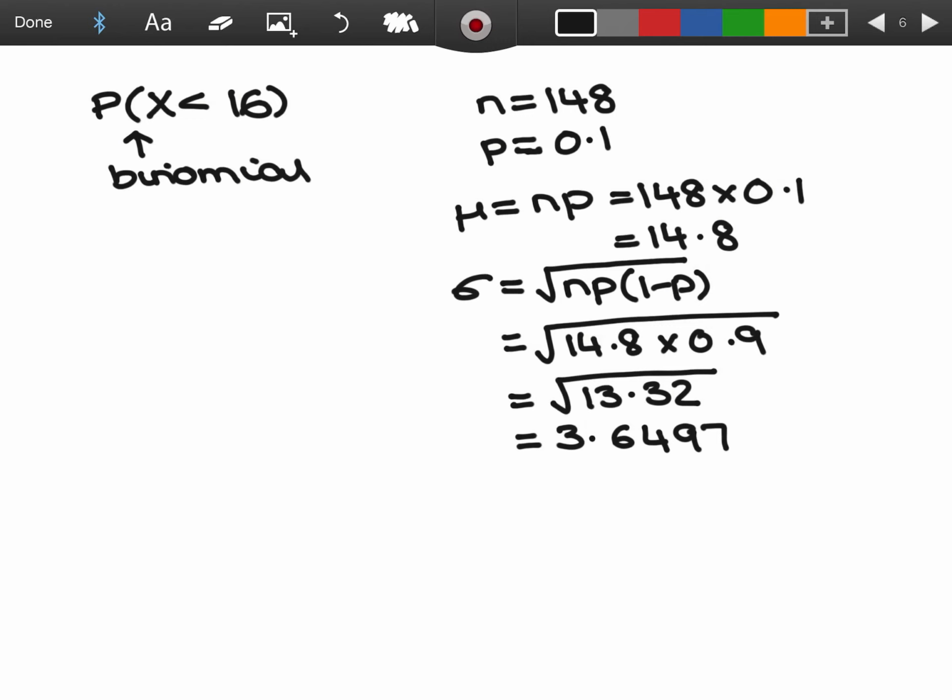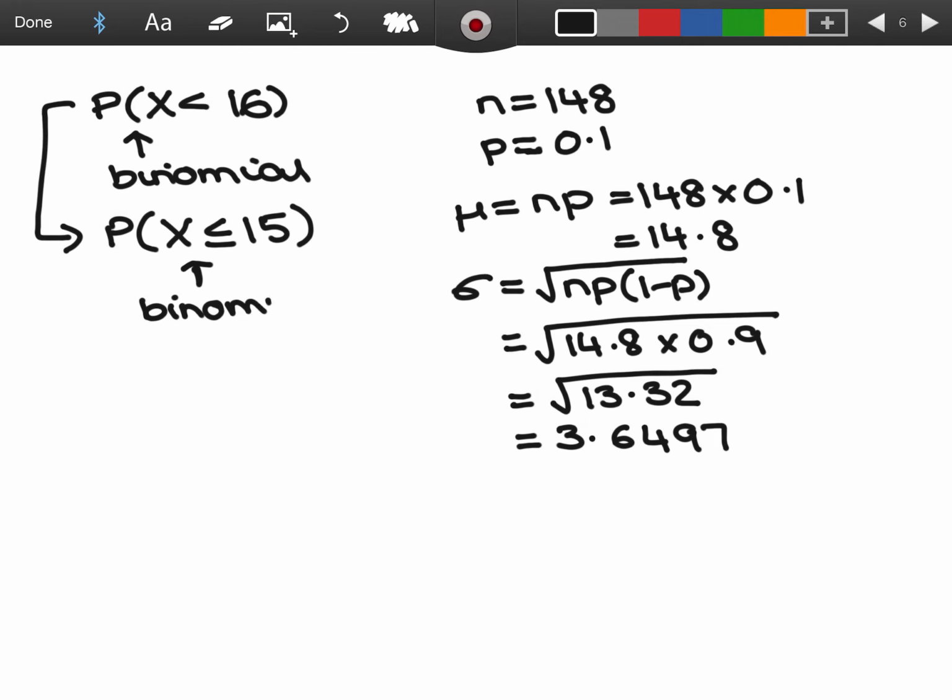If it's less than 16 successes in binomial distribution, the most successes I can have is 15. So this, still in binomial distribution, can be rewritten as the probability that x is less than or equal to 15.